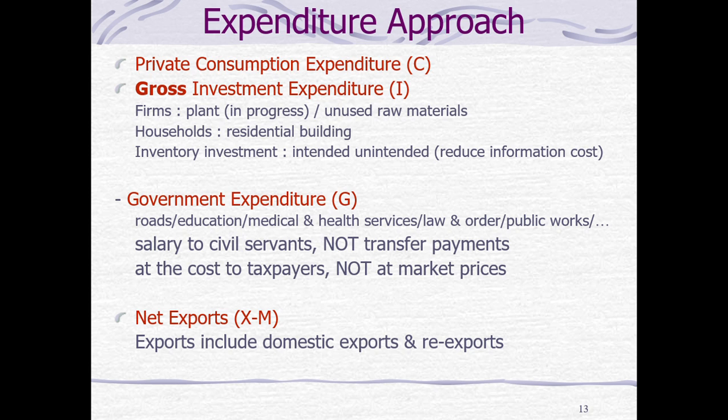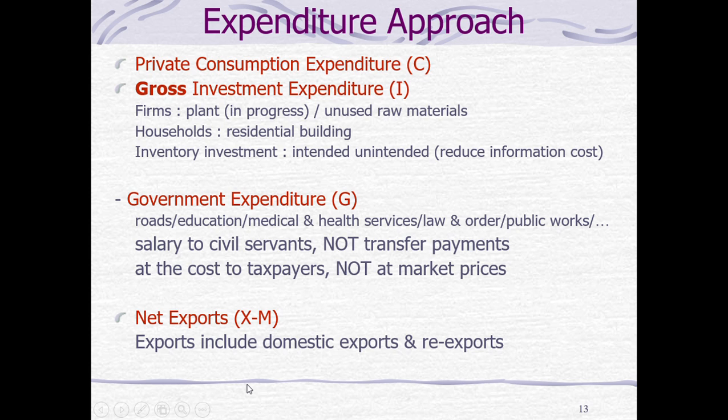If an expenditure is made at the cost of taxpayers, it is not considered as an expenditure on market prices. So basically, government expenditure is expenditure made for economic activity by the government.